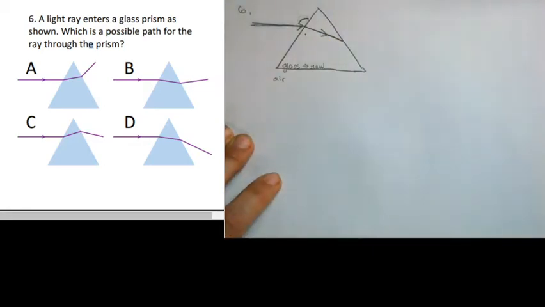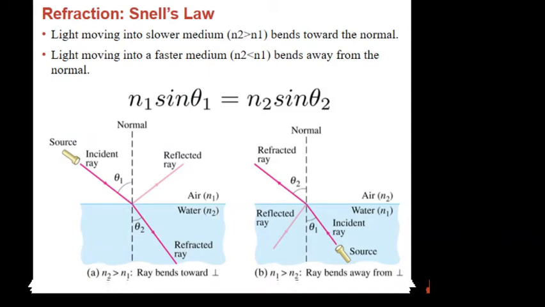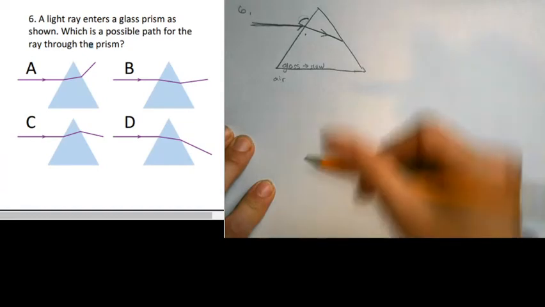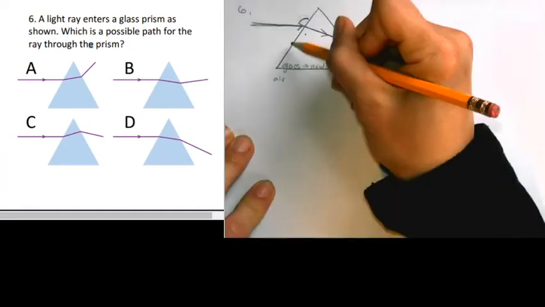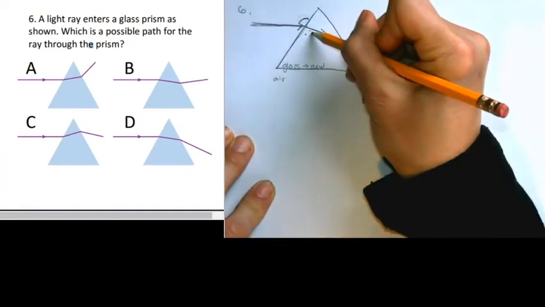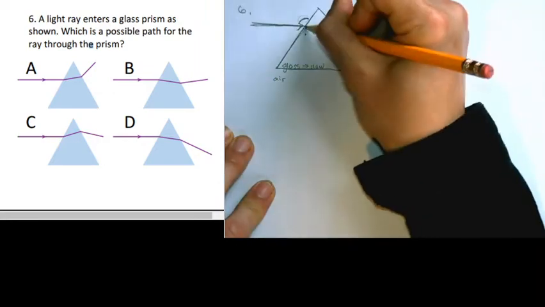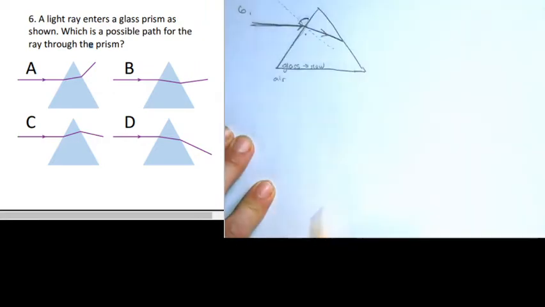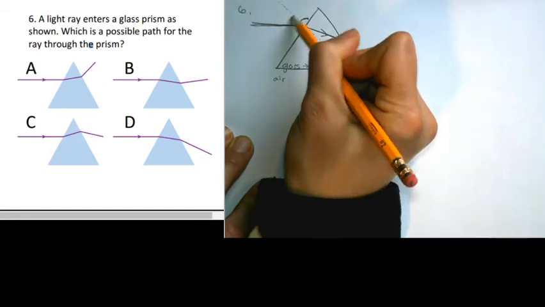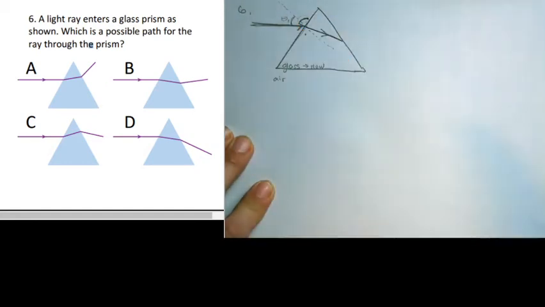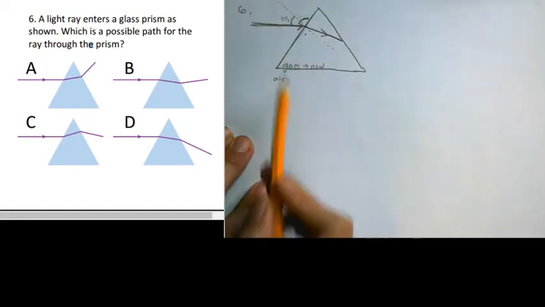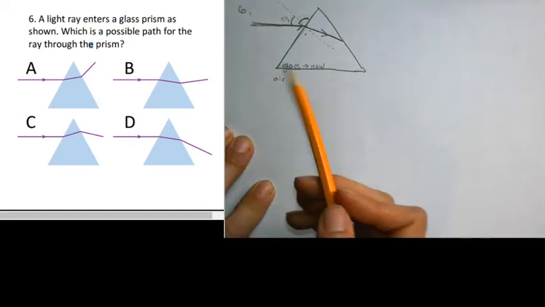Following those rules, light moving into a slower medium will bend toward the normal. Now drawing my normal is a little bit different. So this is the surface, so I need to draw something perpendicular to that surface. Okay, and so this is theta 1. And it's moving into a slower medium, so it should bend toward the normal.